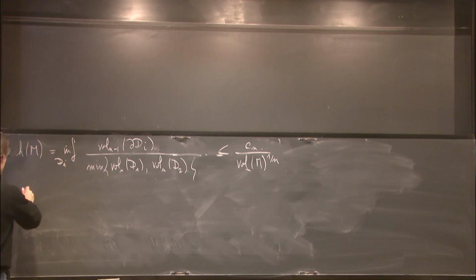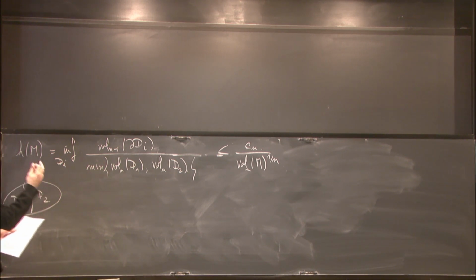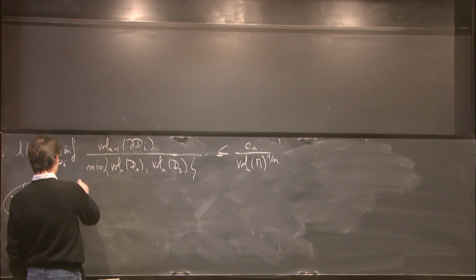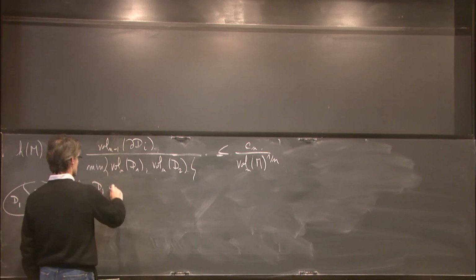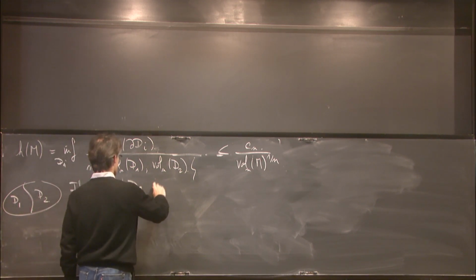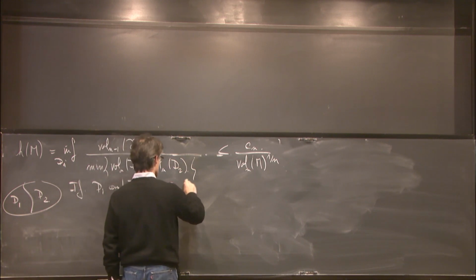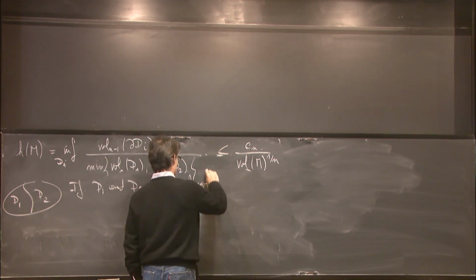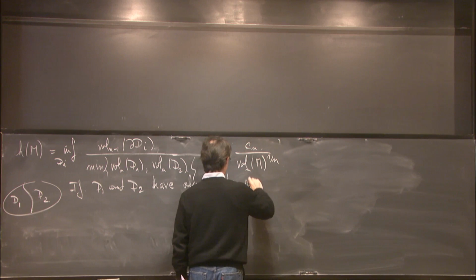So you get D1 and D2, and then assume that D1 and D2 have almost the same volume.